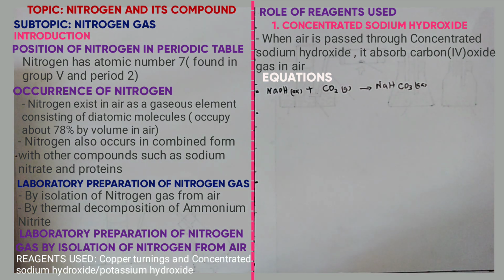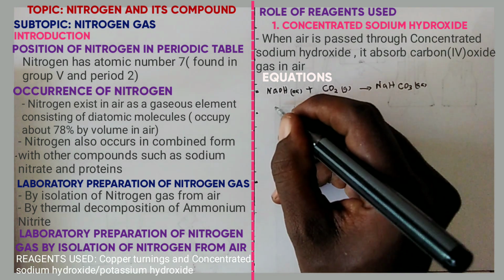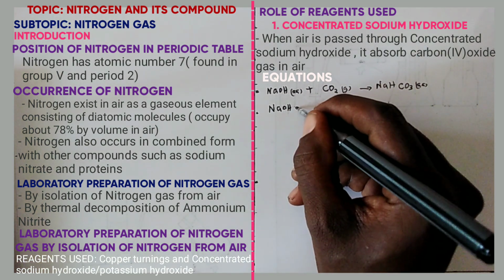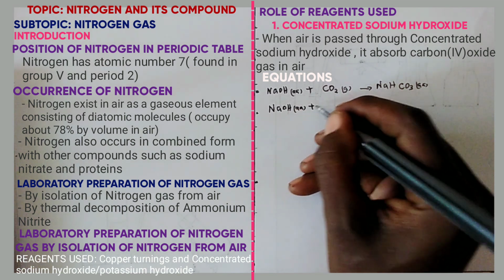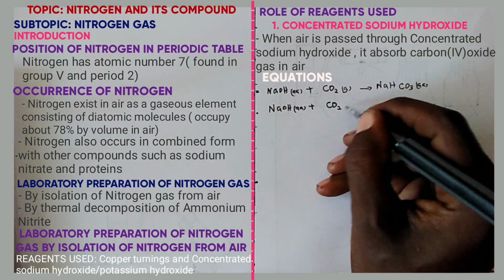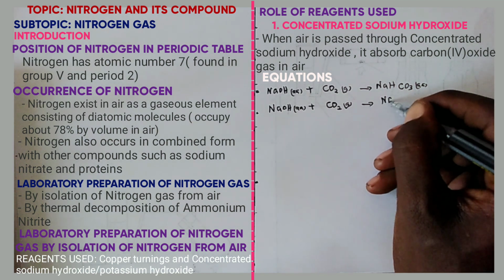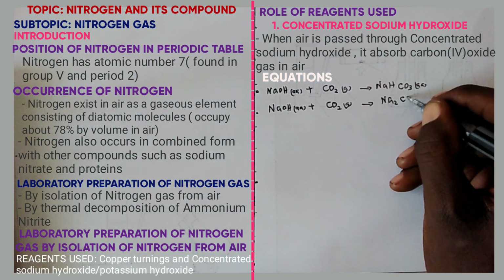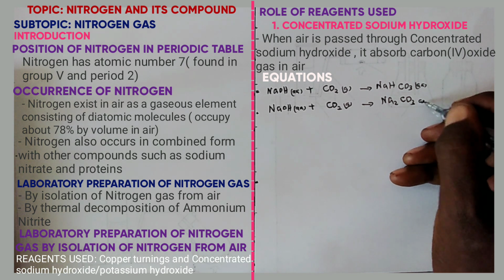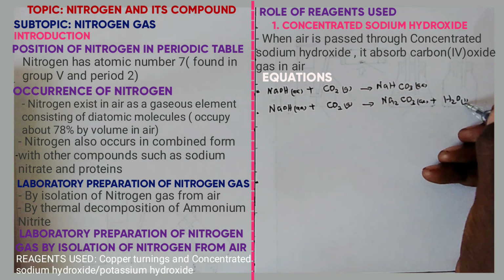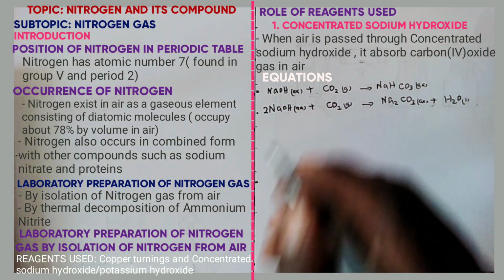Now when it is limited carbon dioxide, we say sodium hydroxide aqueous plus CO2 gas gives you sodium carbonate aqueous plus water liquid. So I put here 2 to balance the equation.